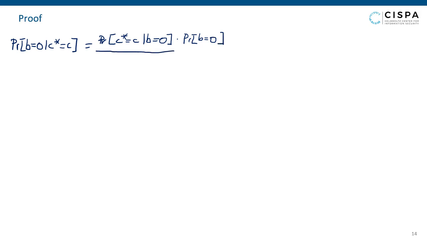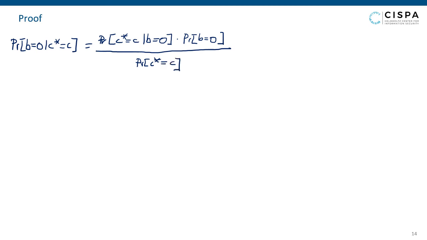We want to compute the probability B equals 0, conditioned on C star equals C. Just a routine application of Bayes' rule gives us the same as the probability C star equals C, conditioned on B equals 0, times the probability B equals 0, divided by the probability C star equals C.